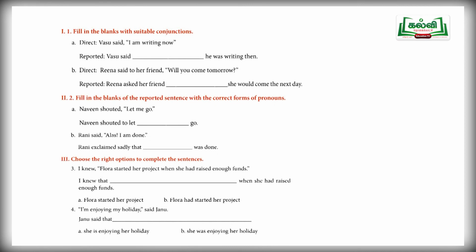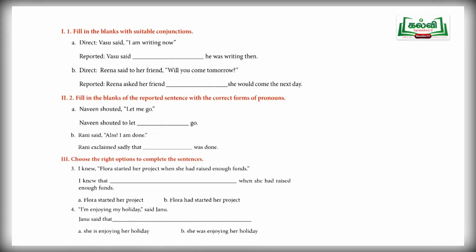Then see the third Roman numeral: choose the right option to complete the sentences. "I knew Flora started her project when she had raised enough funds." I know that dash when she had raised enough funds. Two answers are given.